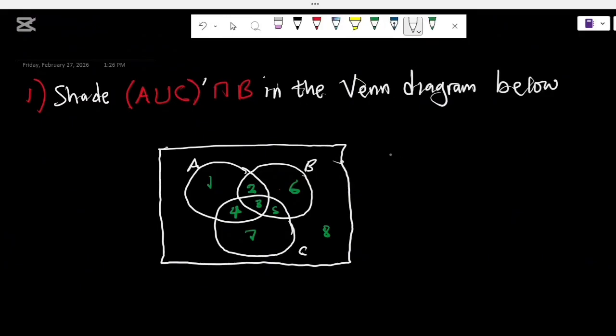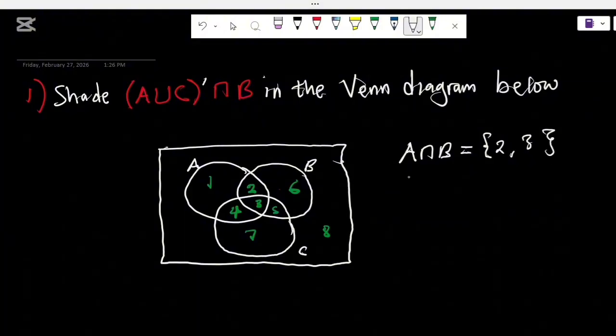So for example, we can say here that A intersection B is equal to the numbers that are in A and B. The numbers or the elements that are in A and B, we have 2 and 3, right? These are the numbers that are common in both sets. So 2 and 3.